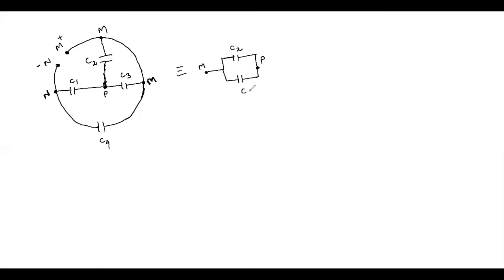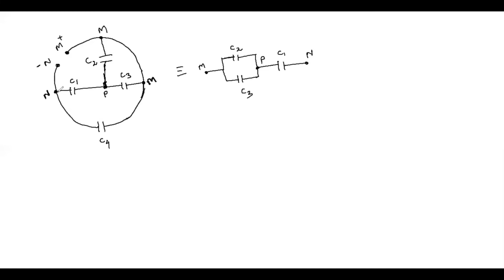C3 capacitor is connected to this point P. Now if you see point P and N, the capacitor is connected there. So from point P to point N, C1 capacitor is connected.